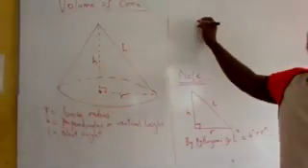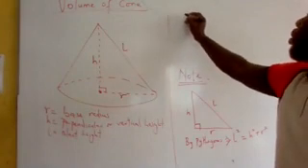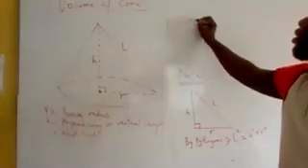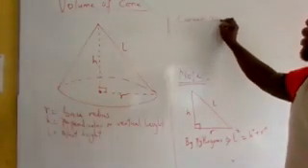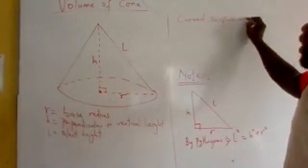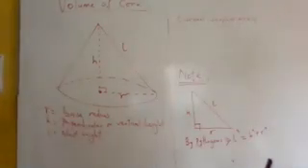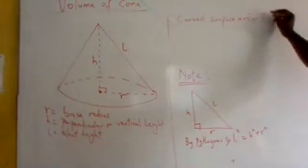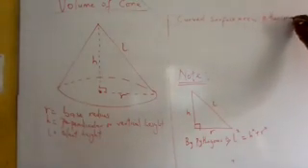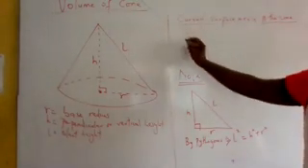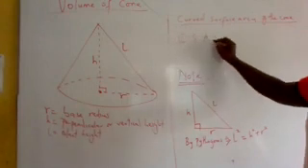All right, so the next one is curved surface area of the cone. The curved surface area is simply given as what?